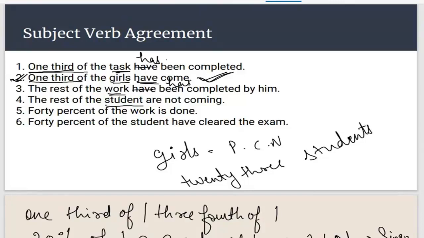Yes, I can say that. So what is student? Countable or uncountable? Countable. Now, would the plural, student or students, be used with the rest of?